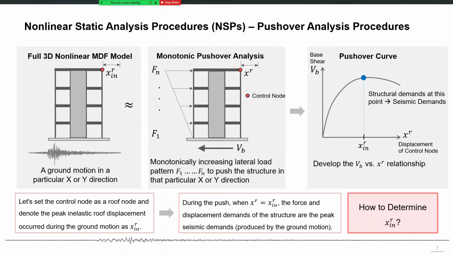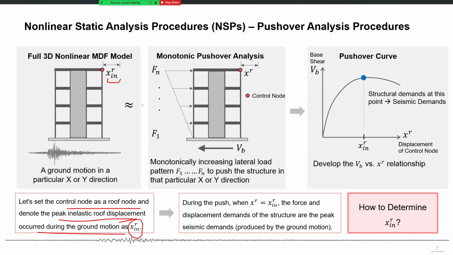So let's set the control node as the roof node, as I have done here, and denote the peak inelastic roof displacement occurring during the ground motion as XR inelastic. Let's say that this XR inelastic is the inelastic displacement which is produced under the future ground shaking.